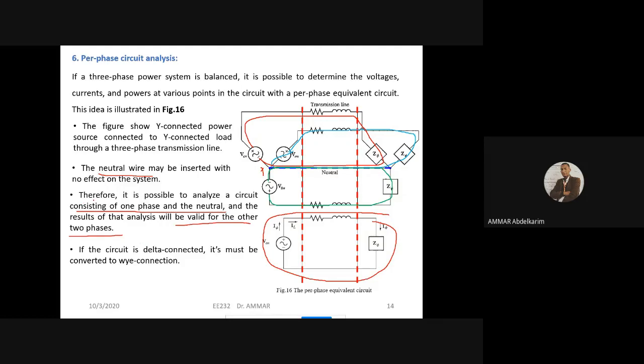So if they are identical, we can take one of these phases as a single-phase circuit, and we apply the laws and rules of a single-phase circuit, and it will be valid for the other phases. However, if the circuit is delta connected, it must be converted to Y connection in order to simplify our study, and we are going to see an example.